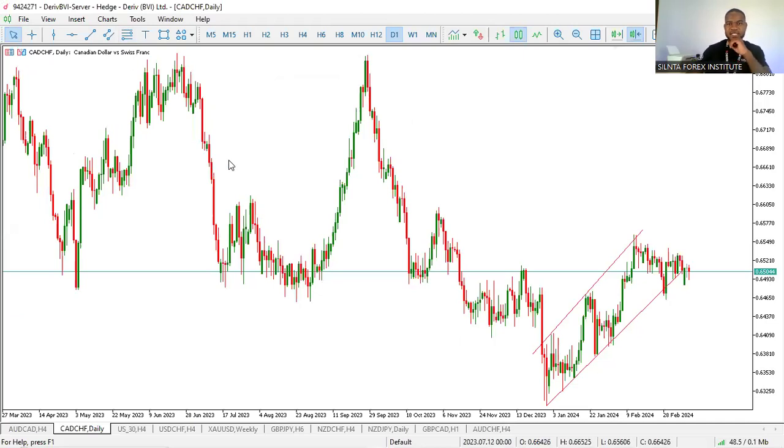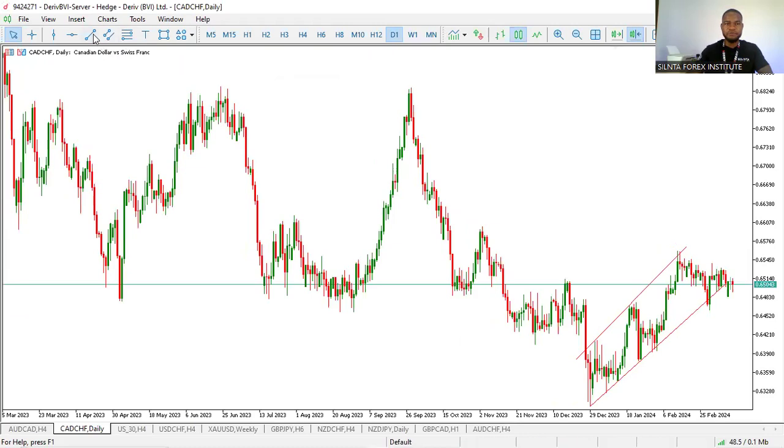Okay, you will find these things here in this section on your MT5. I'm just teaching you for the sake of teaching, but in most cases we will be looking at this price using a candlestick. In rare cases we will be using a line chart.